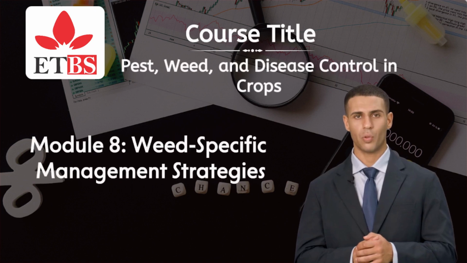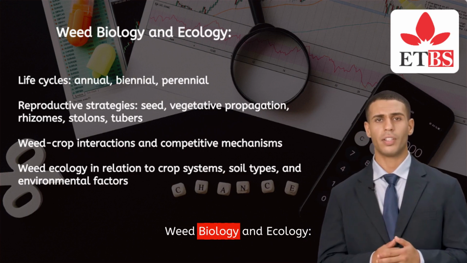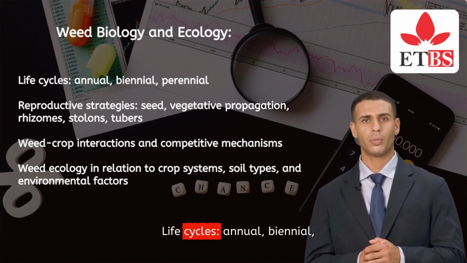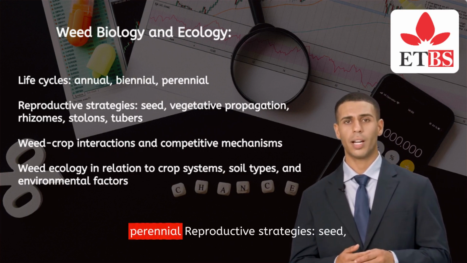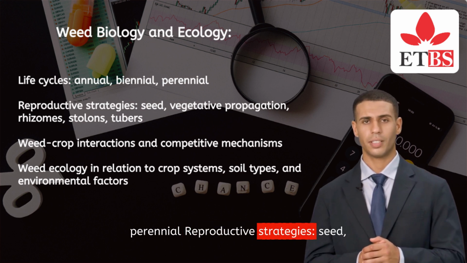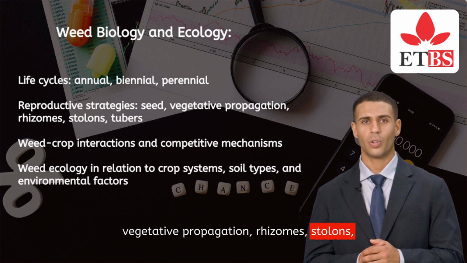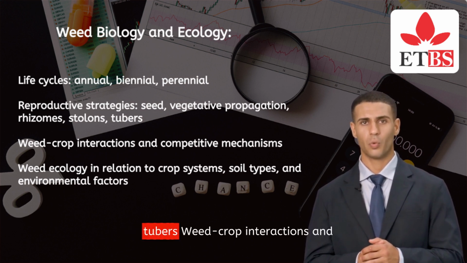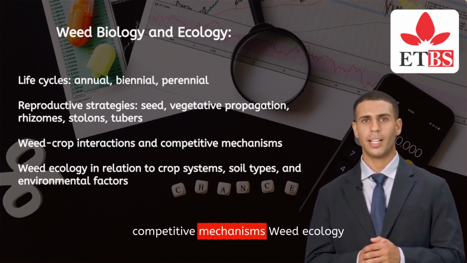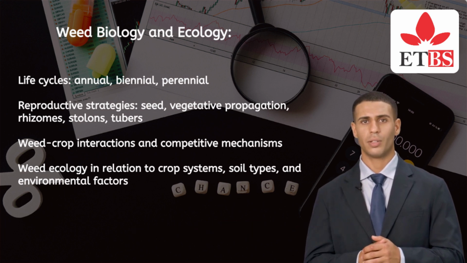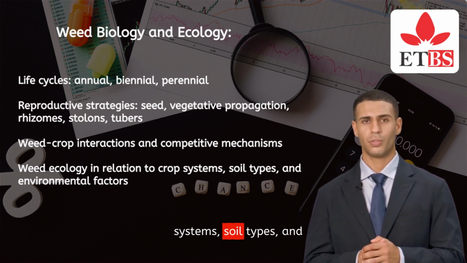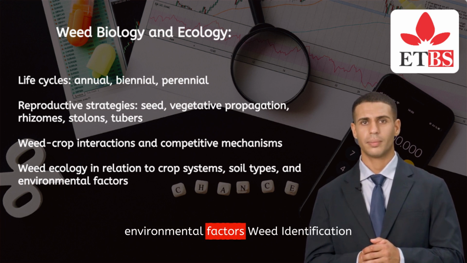Module 8: Weed-Specific Management Strategies. Weed biology and ecology: life cycles (annual, biennial, perennial), reproductive strategies (seed, vegetative propagation, rhizomes, stolons, tubers), weed-crop interactions and competitive mechanisms, weed ecology in relation to crop systems, soil types, and environmental factors.